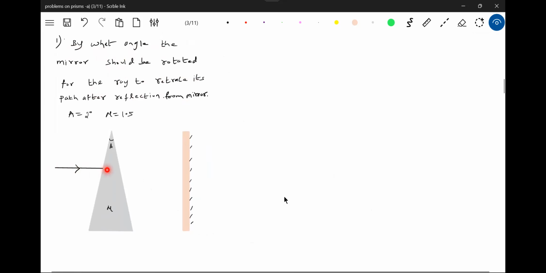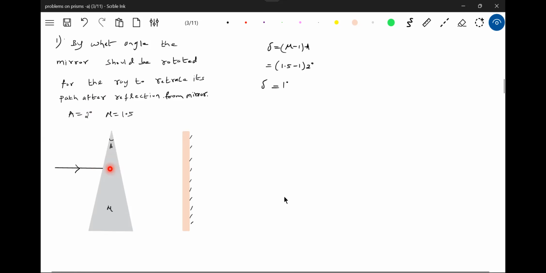There's a ray incident here. Look at the angle, 2 degrees, and mu. It's a small angle prism. What is the expression for deviation for a small angle prism? It is equal to (mu minus 1) times A. Mu is 1.5, so (1.5 minus 1) times A, and A is 2 degrees, so 1 degree. The net deviation produced by this prism will be 1 degree.